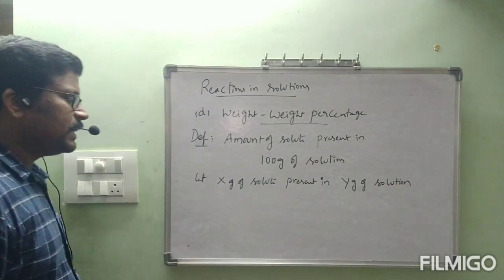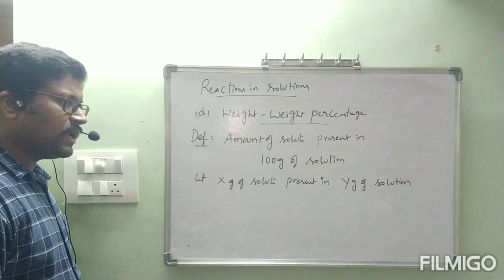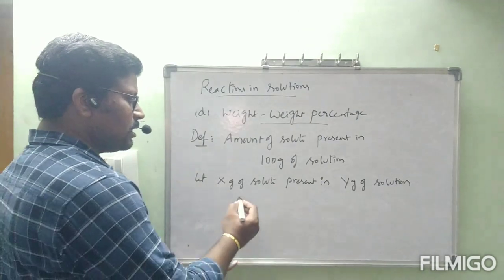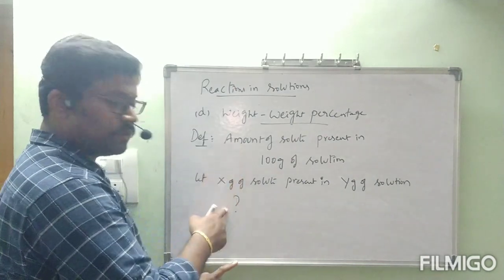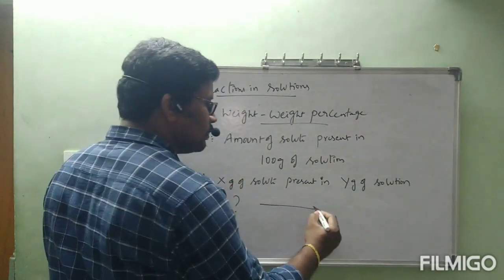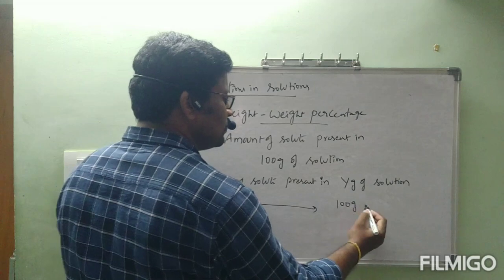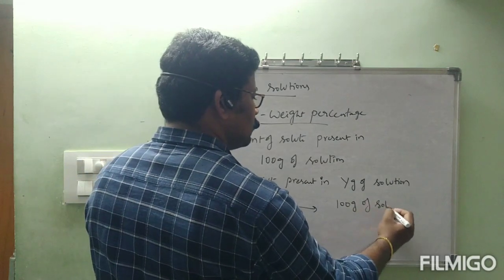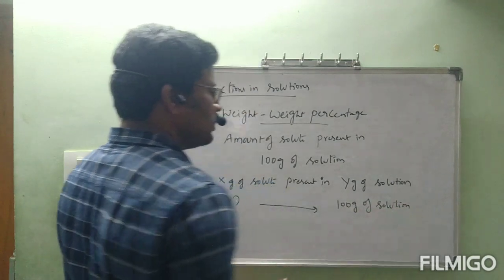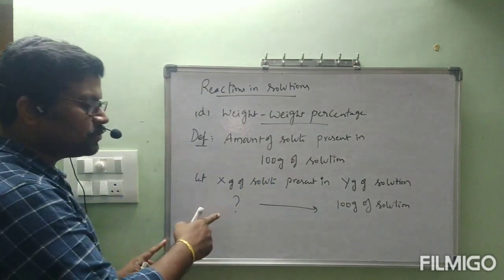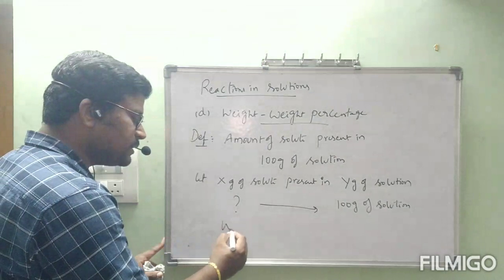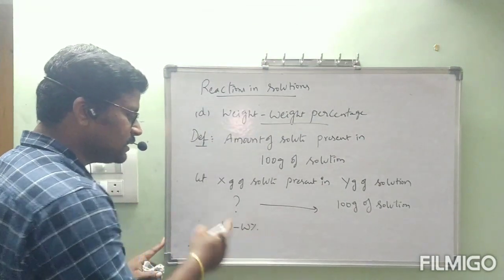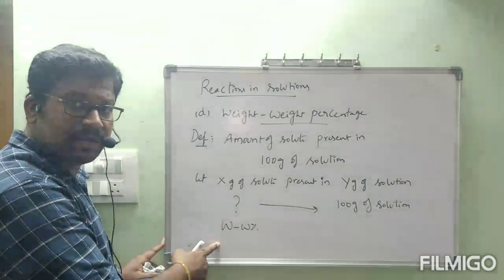One more time. Let X grams of solute be present in Y grams of solution. Then how much amount of solute is present in 100 grams of solution? Correct? In 100 grams of solution, how much amount of solute is present? This is only called weight percentage. So I am simply representing weight percentage. This question mark is nothing but weight percentage.